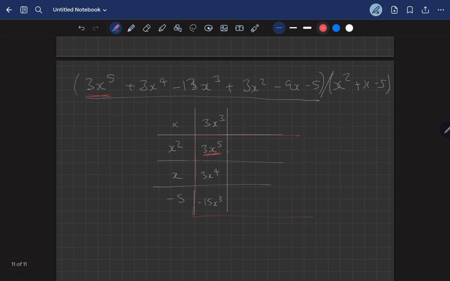And we want a plus 3x to the 4 term. We already have a plus 3x to the 4 term. This means that we want to add nothing. Okay, we want to add 0x to the 4, because we've already got 3x to the 4. Now, let's look at this. We have minus 15x to the 3.